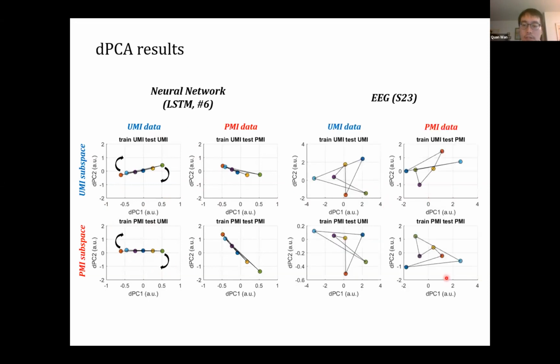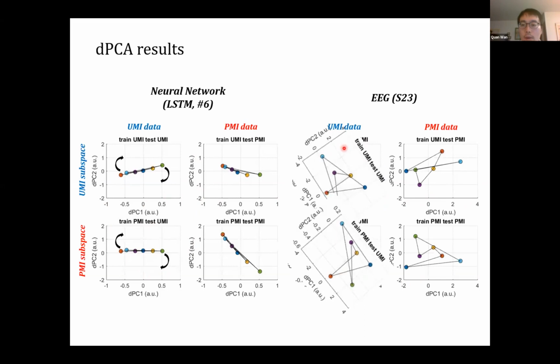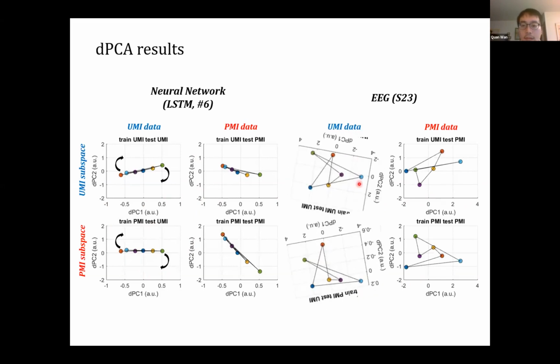Again, stimulus structures are similar column-wise, meaning UMI and PMI are coded in similar subspaces, consistent with results from our previous work. And row-wise, if I rotate the UMI figures on the left, they can be aligned reasonably well with the PMI data on the right.